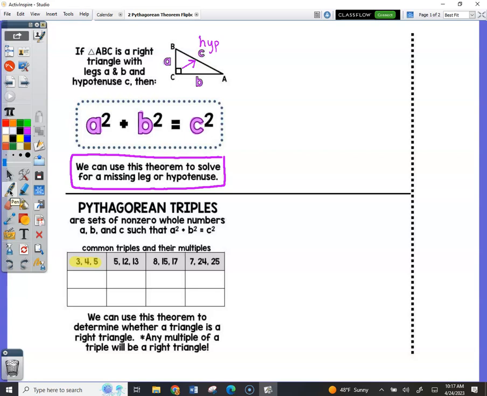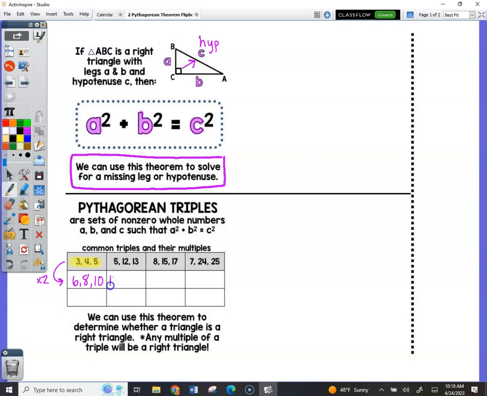Now, it says, what are some more? Well, to get the next line, all you would do is multiply everything by 2. So a 3, 4, 5, if it were doubled, would be a 6, 8, 10 triangle, which would also be a Pythagorean triple. Now, this is going to get crowded.